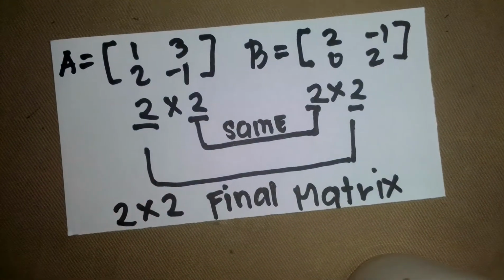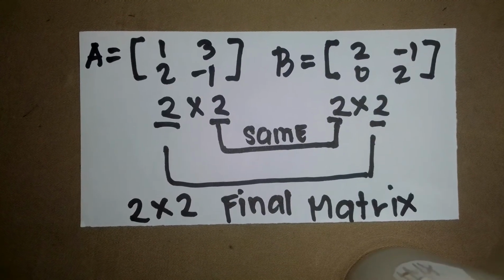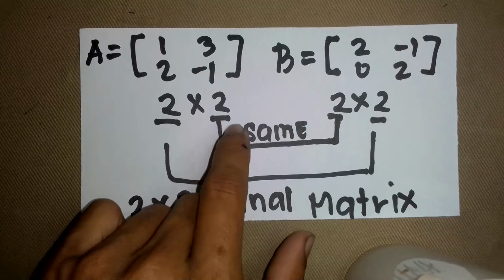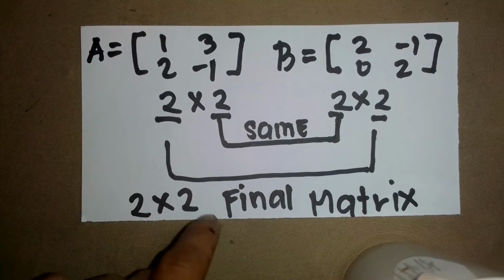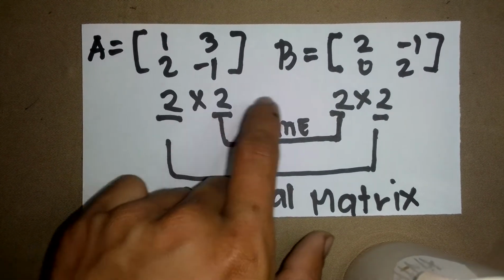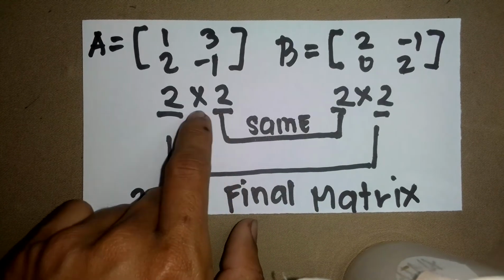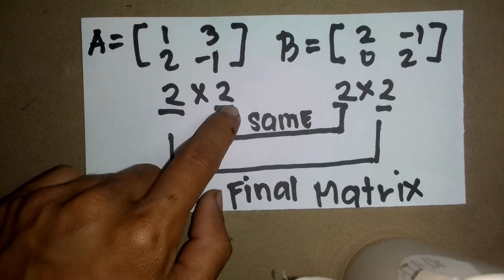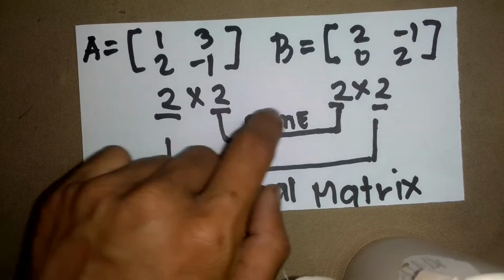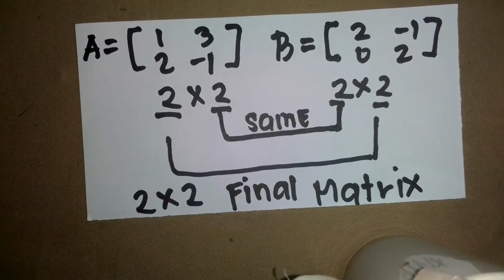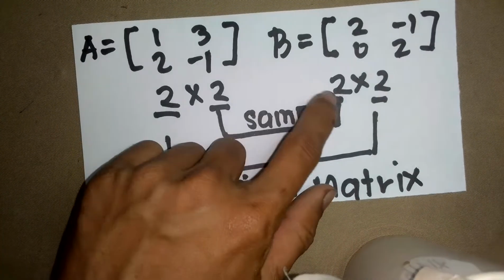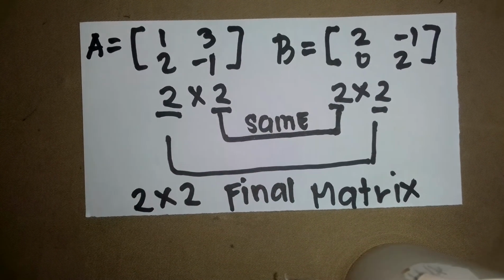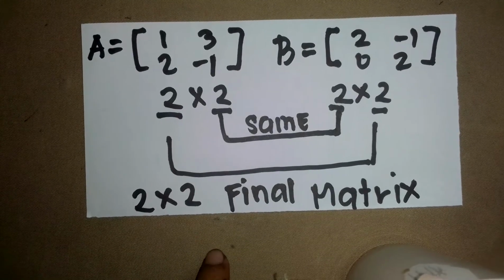Just like the rule in multiplication, if the number of columns in the first matrix is the same as the number of rows in the second matrix, we can proceed to the matrix multiplication.